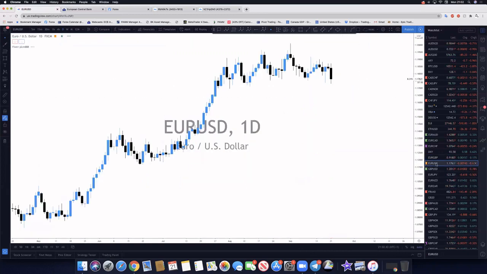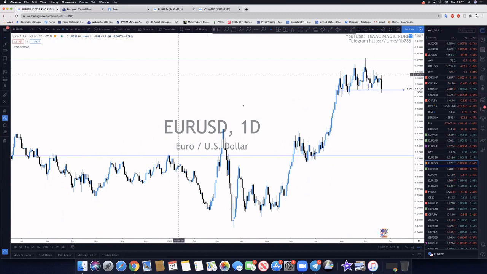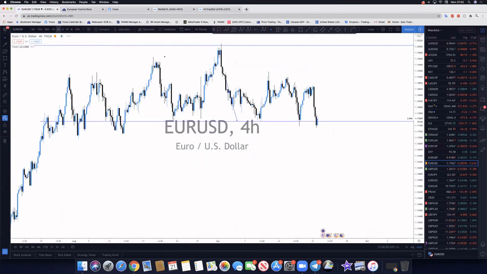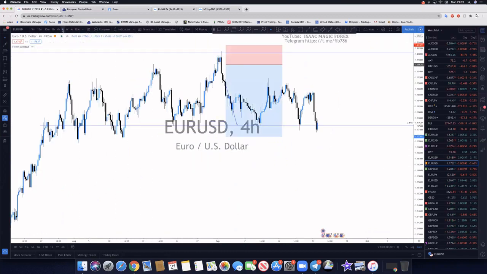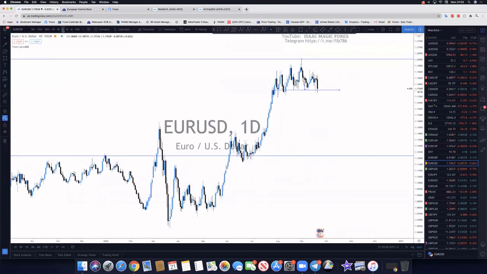Euro dollar is still ranging. You can see that we need to wait for the pullback on the Asian time, to see if the open drive will reject the price or hold the price back up.